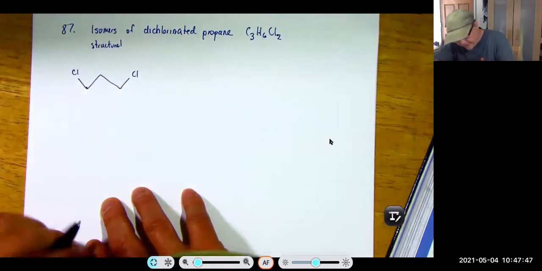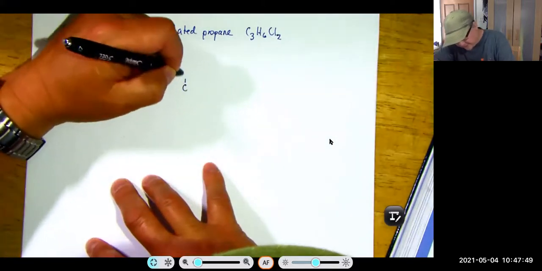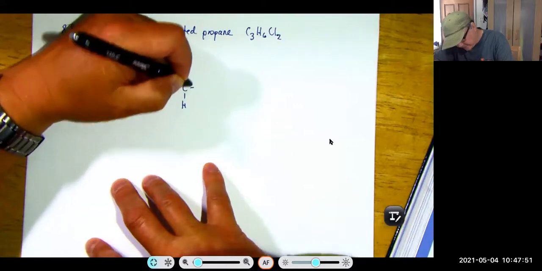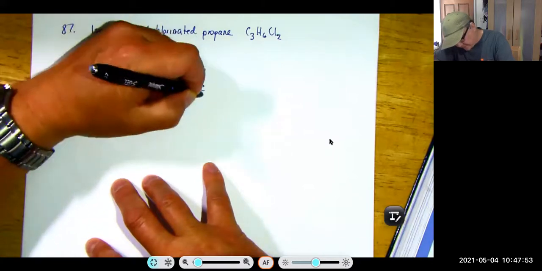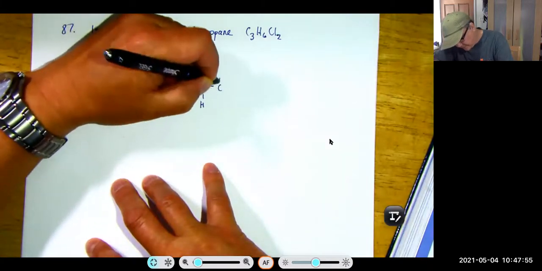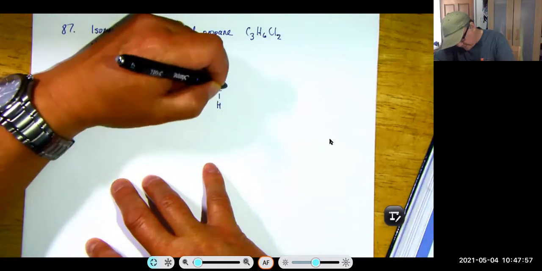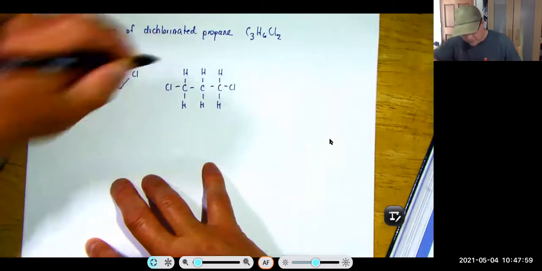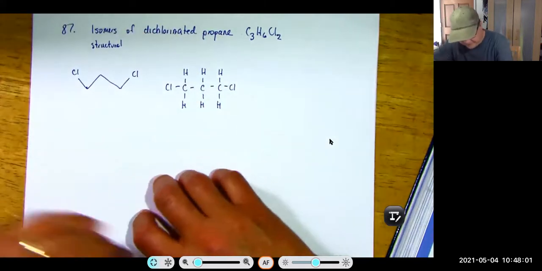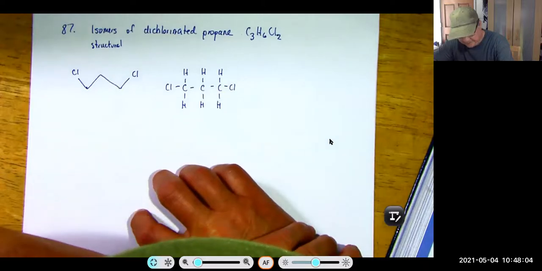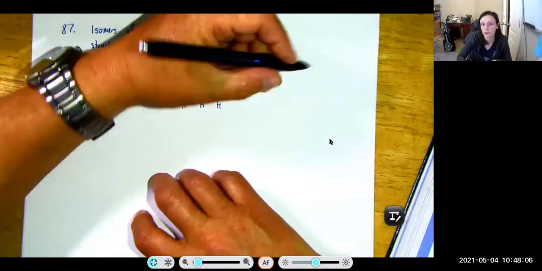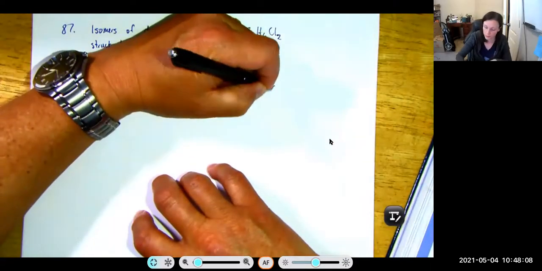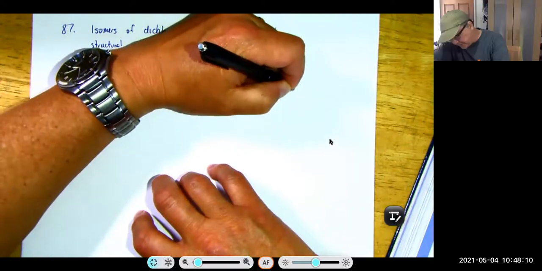And when we fill it in, it becomes this. What is the name of this one? 1,3-dichloropropane. Excellent.